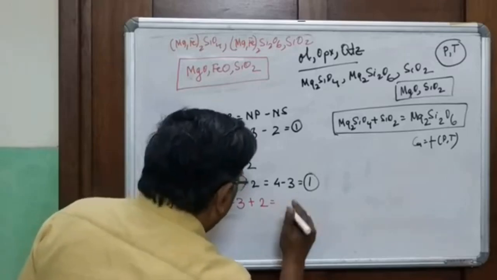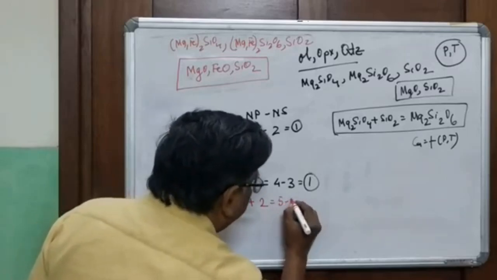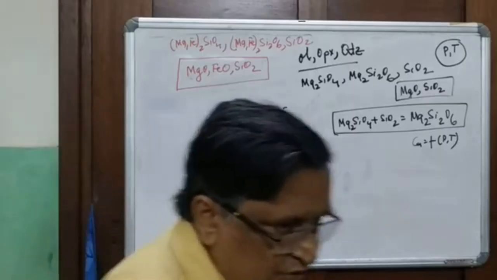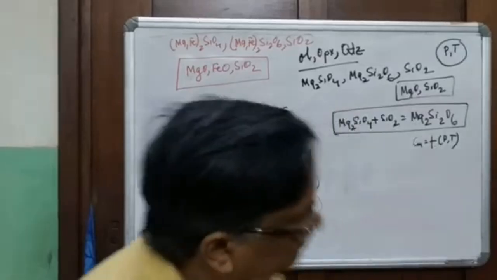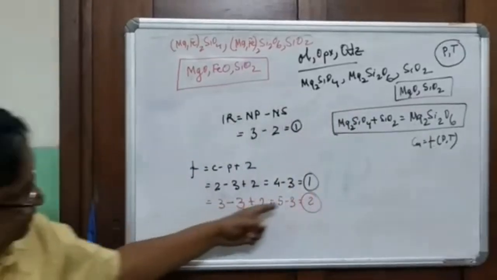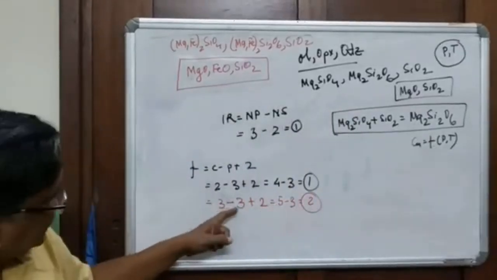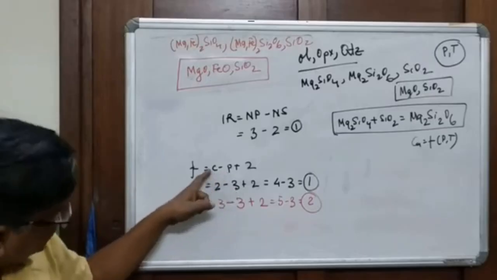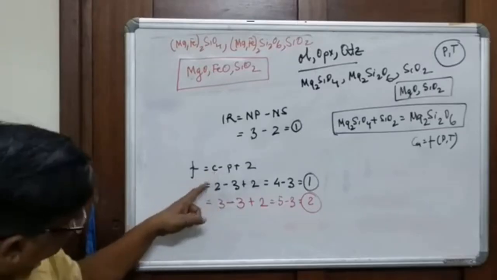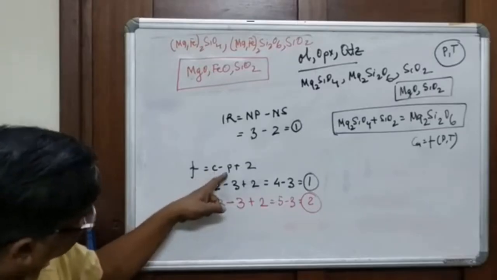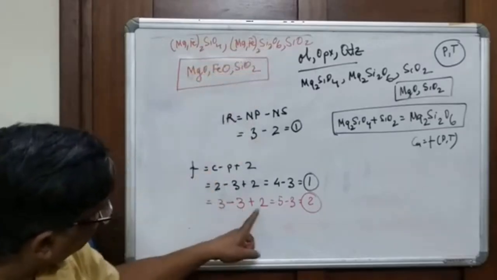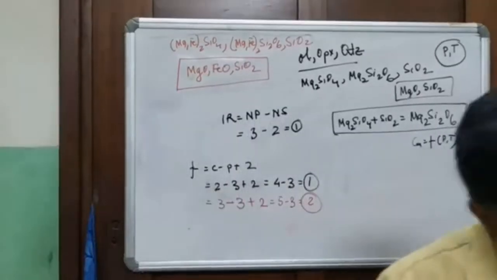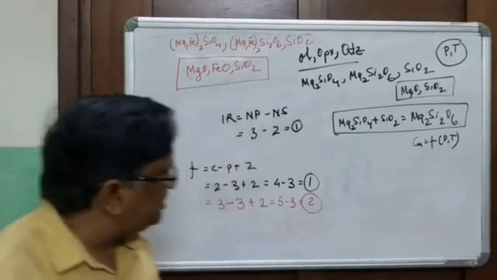So it will be 5 minus 3, and this will be equal to 2. So the Gibbs phase rule says it's a bivariant system. The number of system components is 3, the number of phases remains the same, 3, plus 2, 5 minus 3 is equal to 2. So the Gibbs phase rule says the variance is 2.